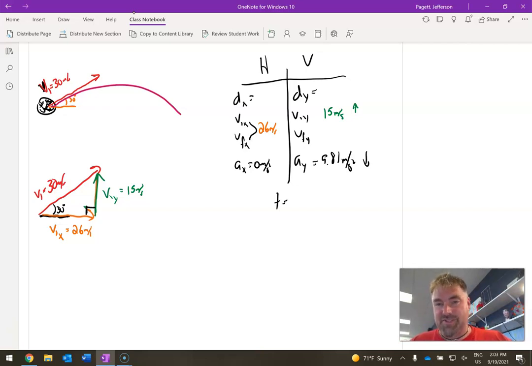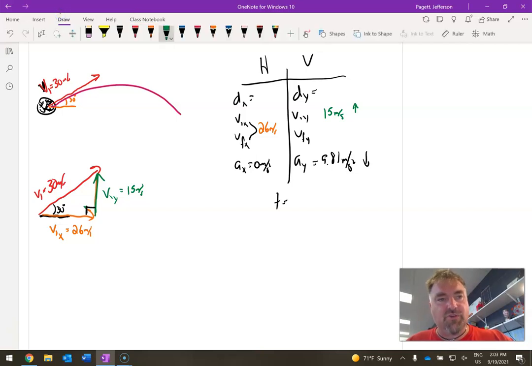My acceleration is down. I have two things going in opposite directions. Something has to be negative. And so right then and there, I'm going to make my acceleration of gravity negative. I'm making up positive and down negative.